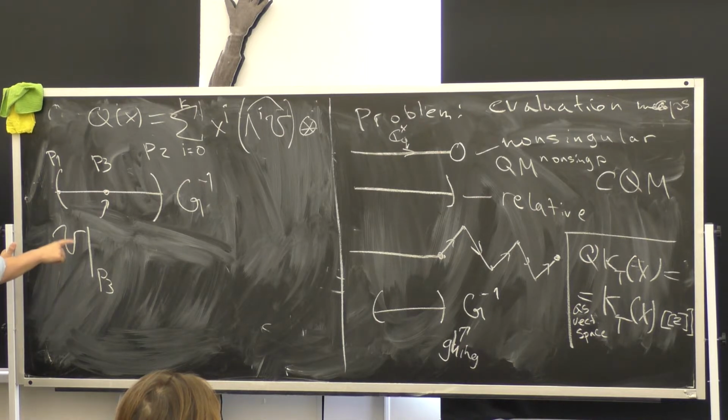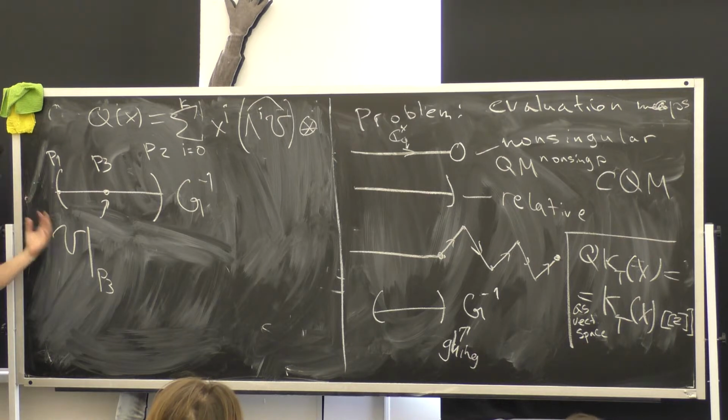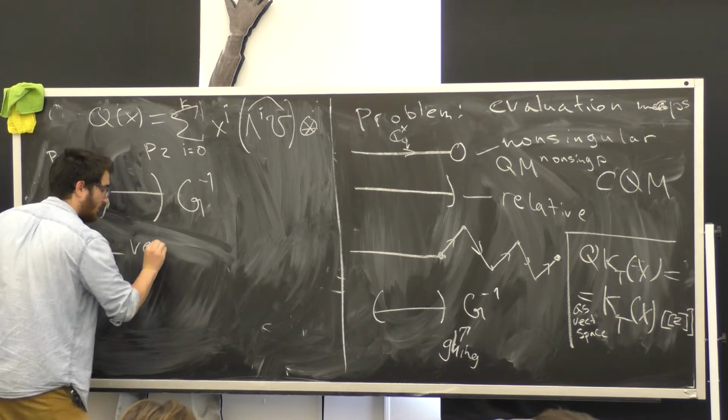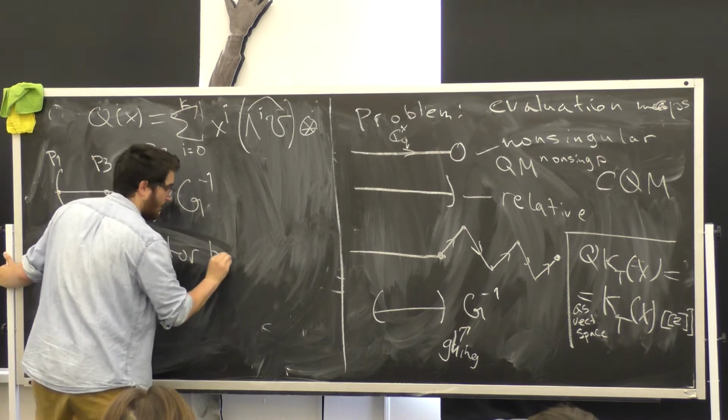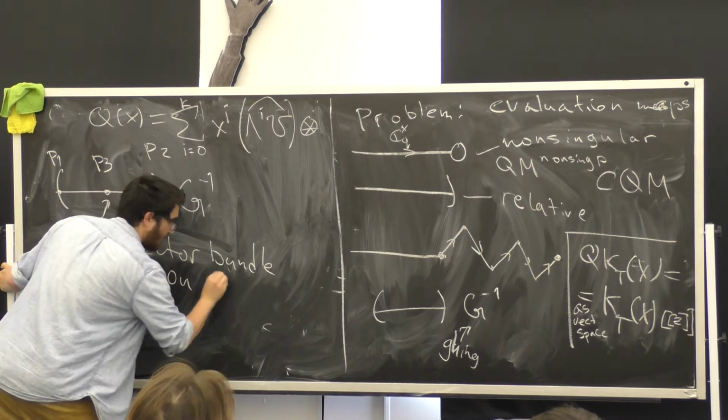If you have a quasi-map, V is part of its definition. It's a vector bundle, and if you restrict it to a point, you get a vector space. So all this together is a vector bundle on the space of quasi-maps.